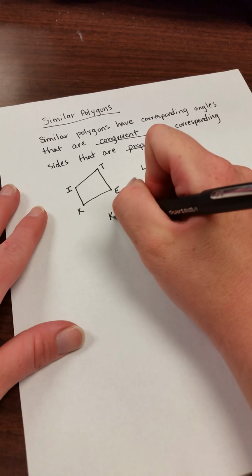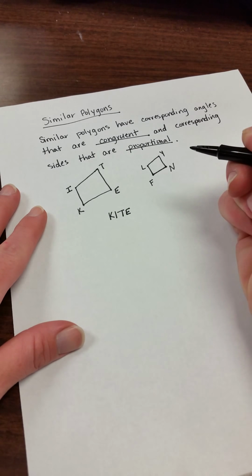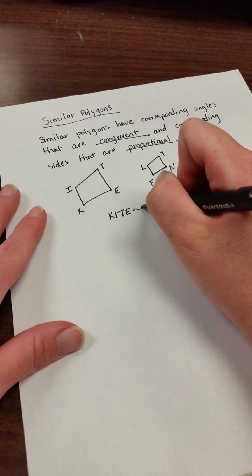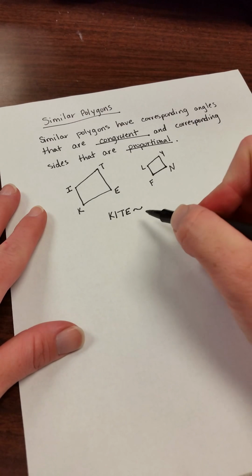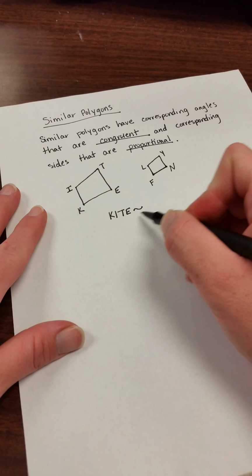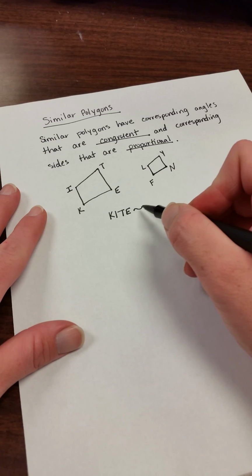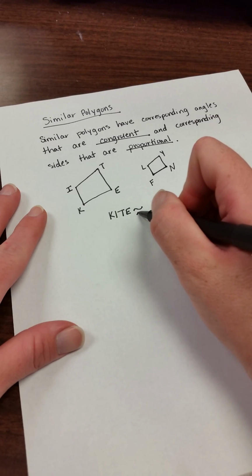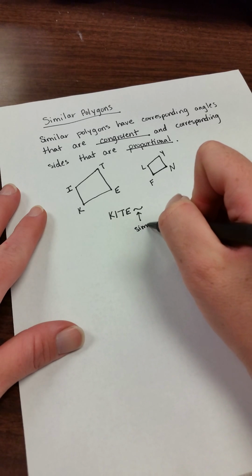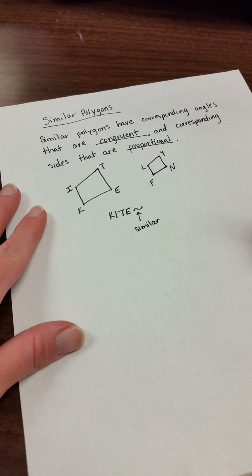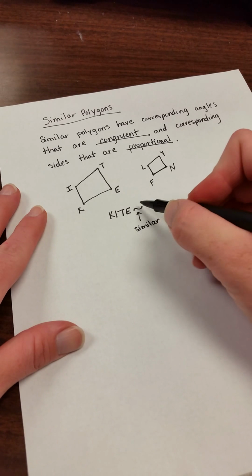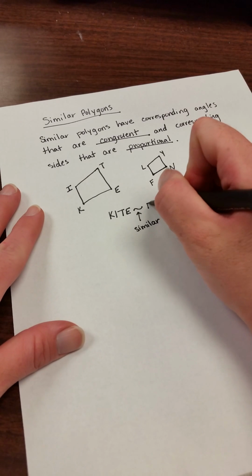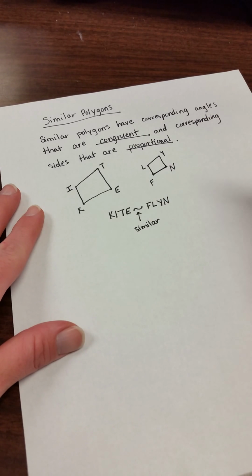So if I write KITE, and I use this squiggle. Now remember from congruence, the symbol for congruent was an equal sign with a squiggle over it. Well, now that they're not equal, we're just going to use the squiggle. So that symbol right there means similar. So write that in your notes. So we're going to say KITE is similar to FLYN.